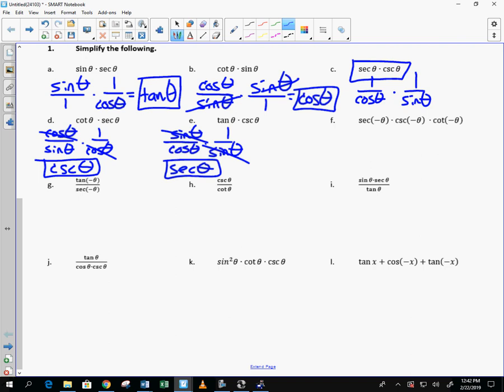Oh no, what's different about F? There's negatives. Oh. Well, we learned what to do with negatives. What happens in secant of a negative? It's just secant. Didn't we just make that list up top? Times what happens in cosecant of a negative? Negative cosecant of theta times negative cotangent of theta.